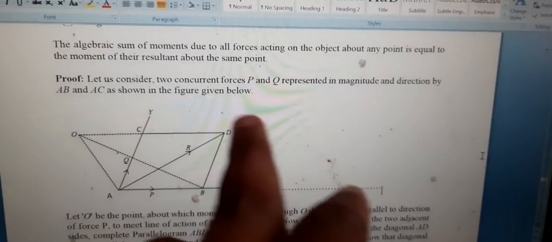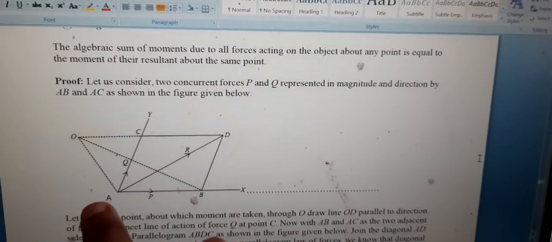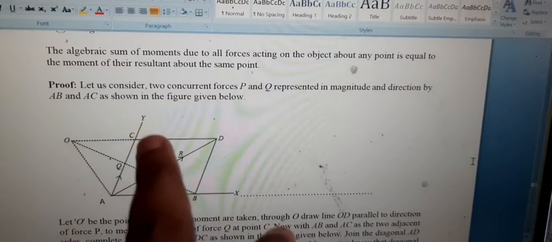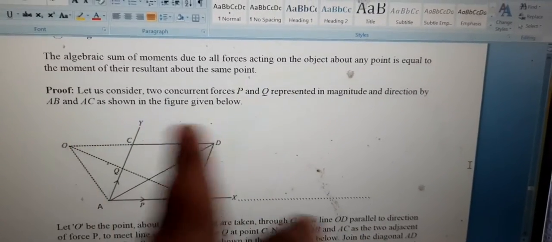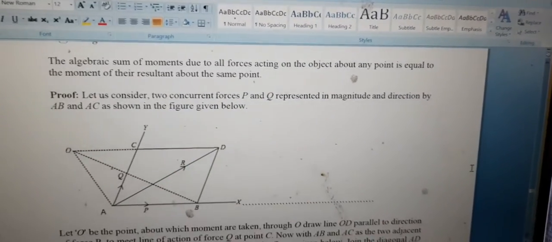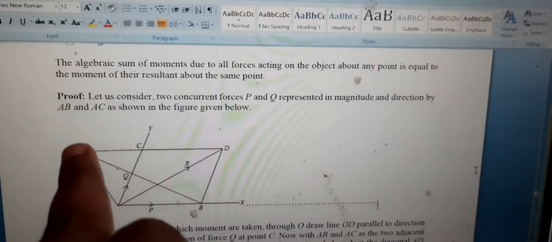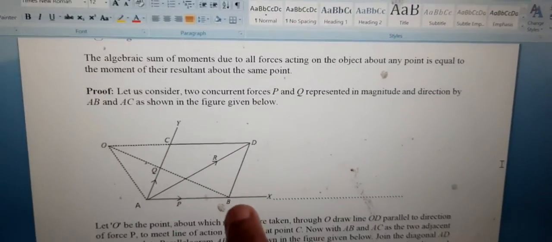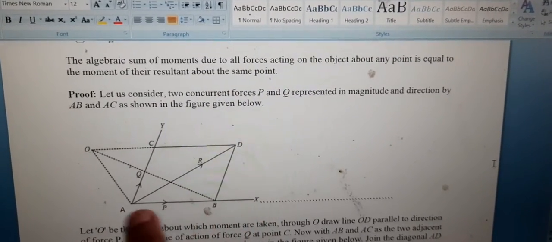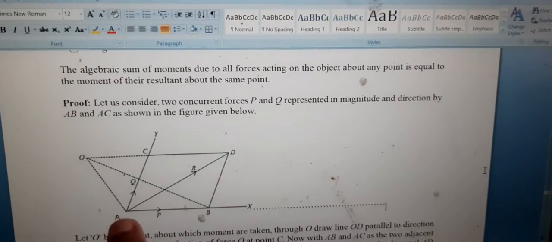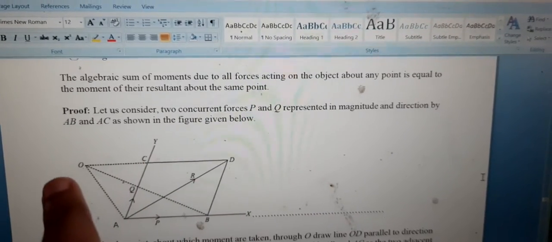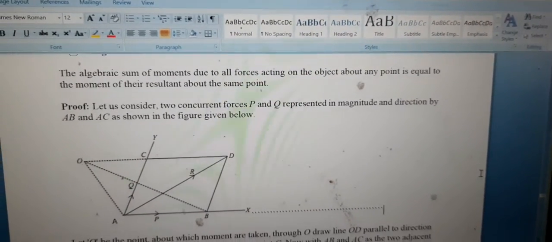So after completing this parallelogram and finding its resultant, we'll join the point B to O, and we have already joined the line from D to O while drawing the parallel line to AB, and we'll join the line from A to O. So here AOB is one triangle, AOD is one triangle, and AOC is one triangle on which we're going to focus.